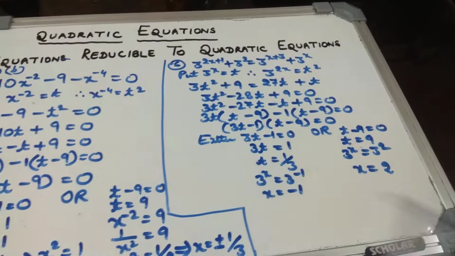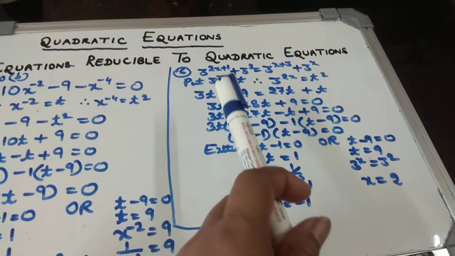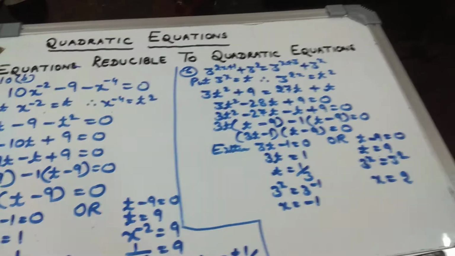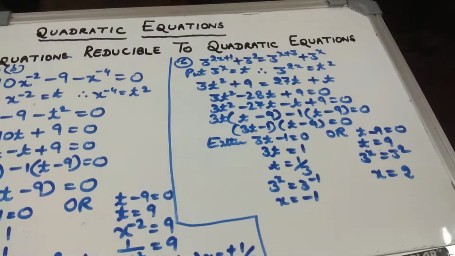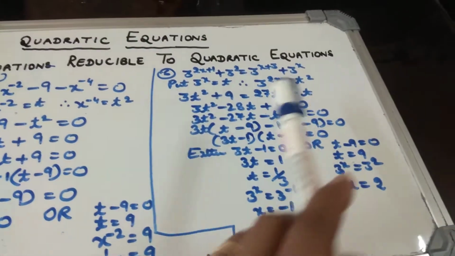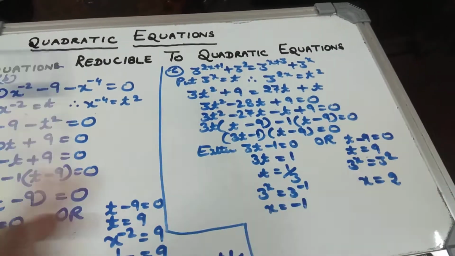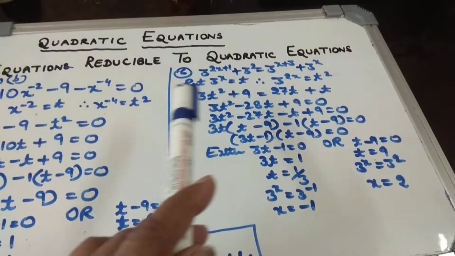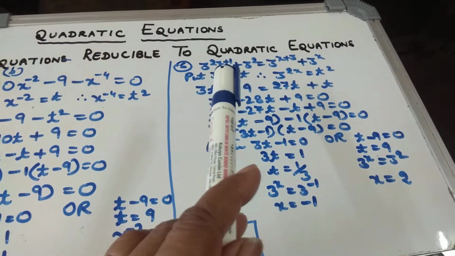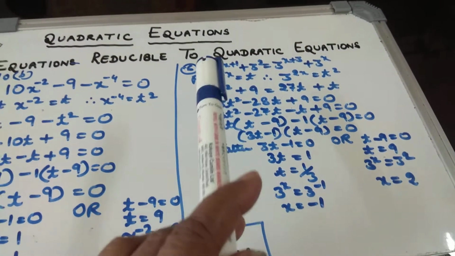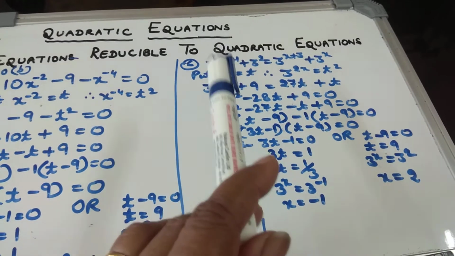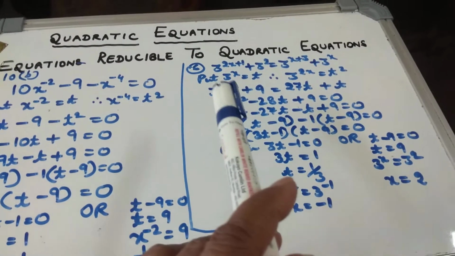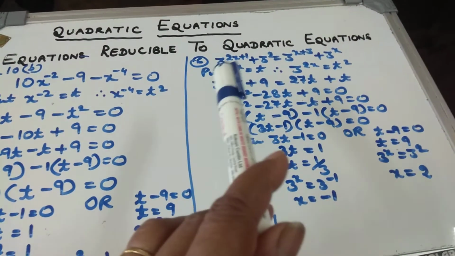Now can you see, I am putting 3 to the power x as t. This is very important here, and therefore automatically 3 to the power 2x becomes t square. And your equation is: the first term, 3 to the power 2x plus 1, will be t square into 3. So 3t square is the first term.